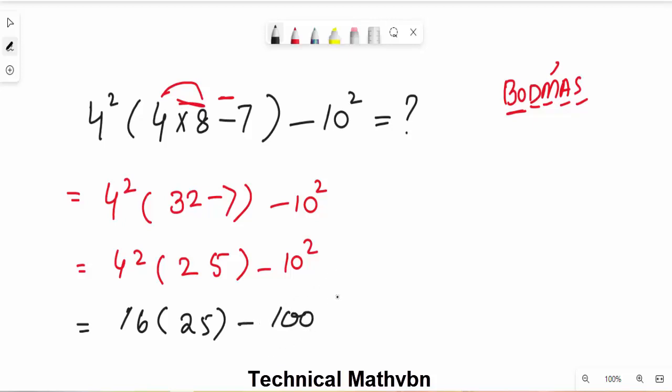Clear? Now see in your formula that first you have to solve multiplication and then addition, then subtraction.